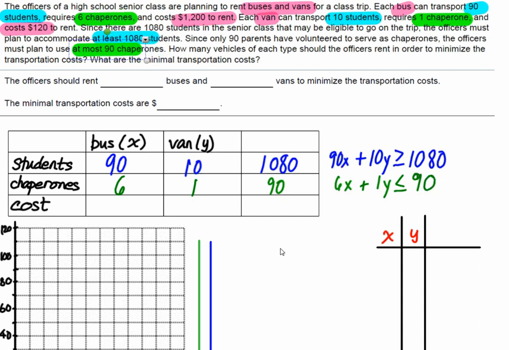As far as the cost, which is in red or pink, we have $1,200. The van is $120, and we're trying to find the minimum. So right now, that equation would be C is equal to 1,200x plus 120y. The minimum transportation cost.